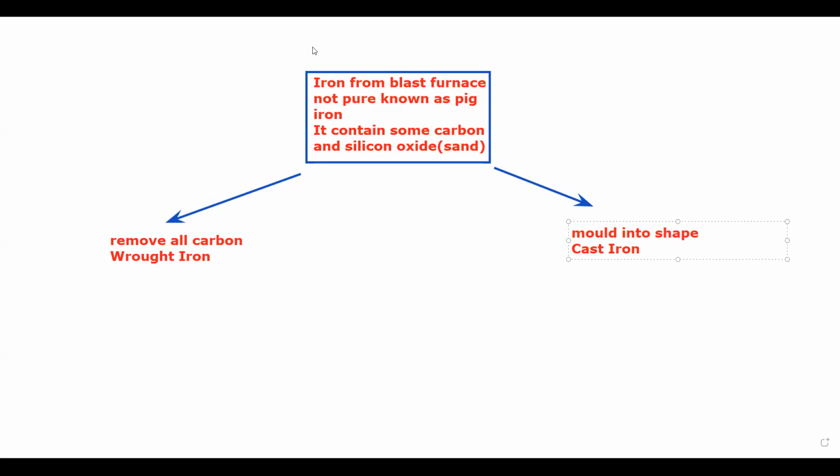And in the pig iron, if we increase or decrease the amount of carbon, what will happen? It will be known as steel, or it becomes steel.